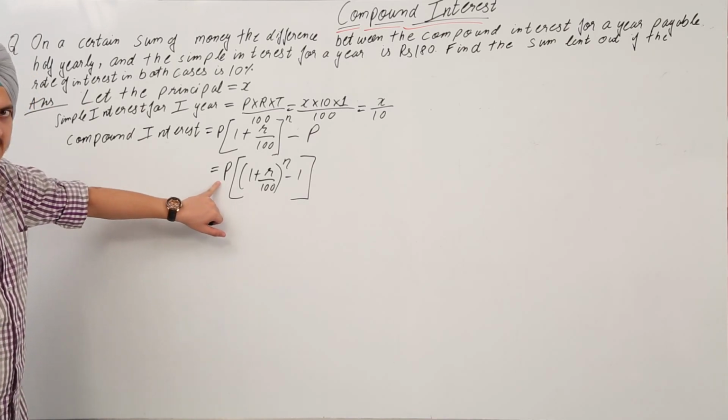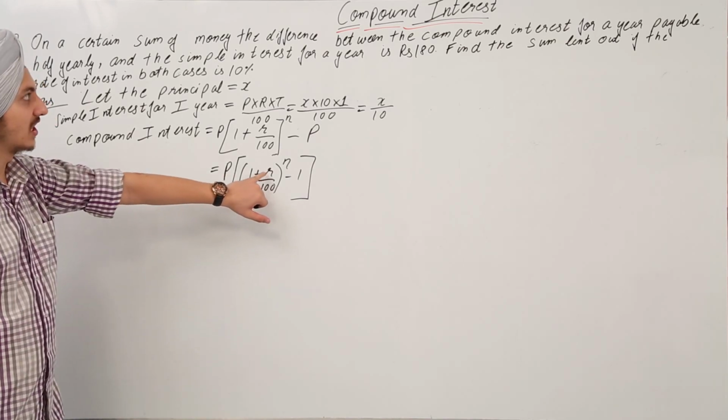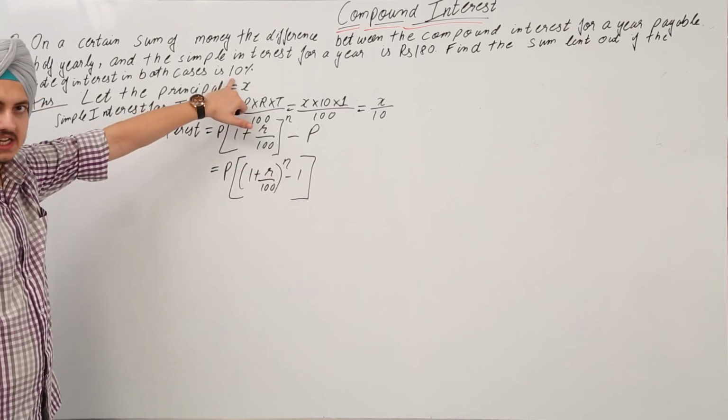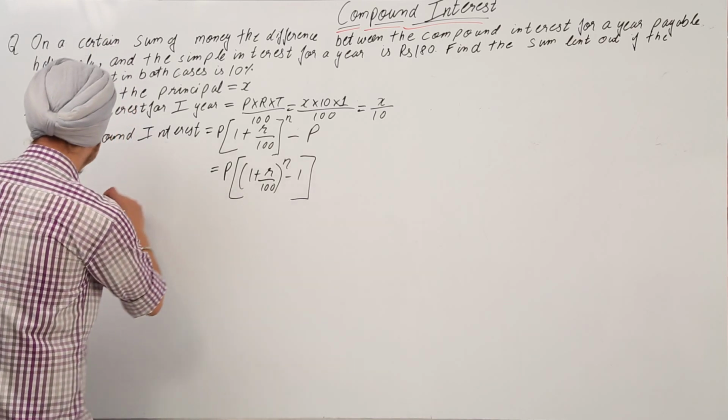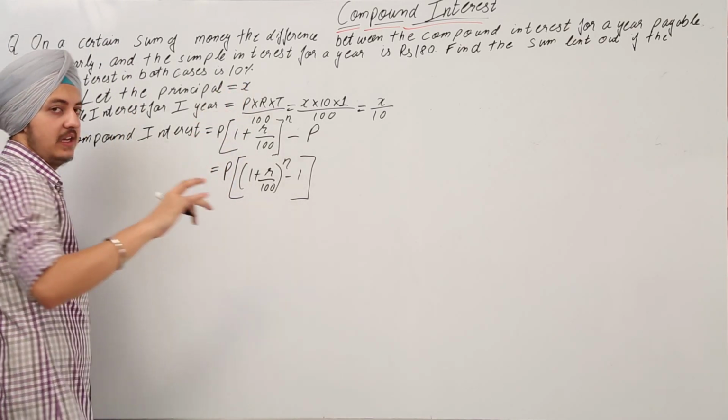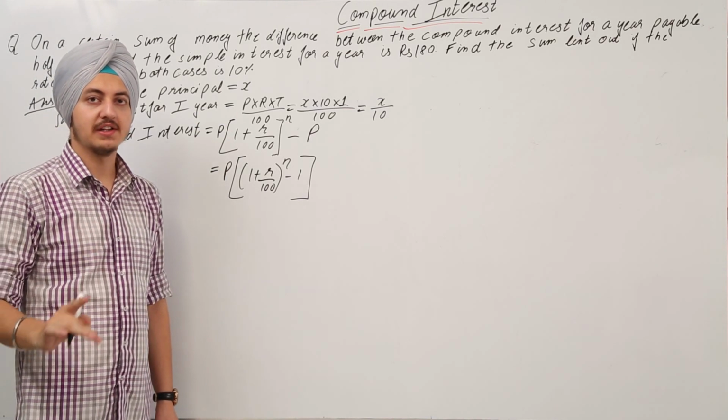We know the principal, that is x. The rate of interest per annum is 10%. So what will be the rate of interest half yearly? It will be 10 divided by the number of conversion periods in 1 year, that is 2.